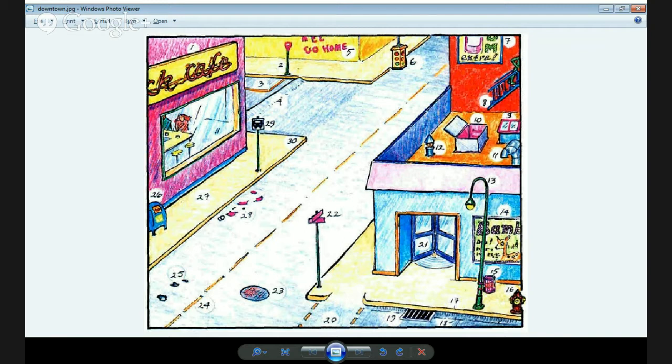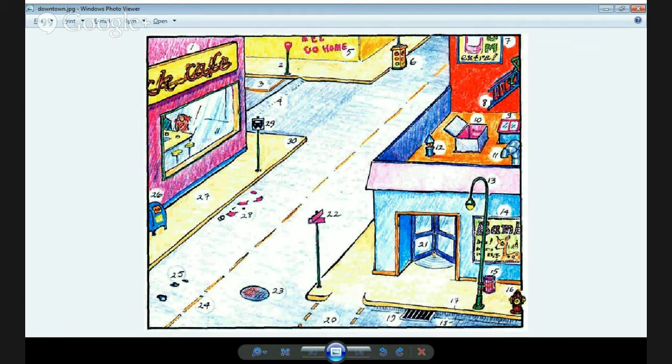We can see what? What's written at the top of 22? Normally, what would be written there?